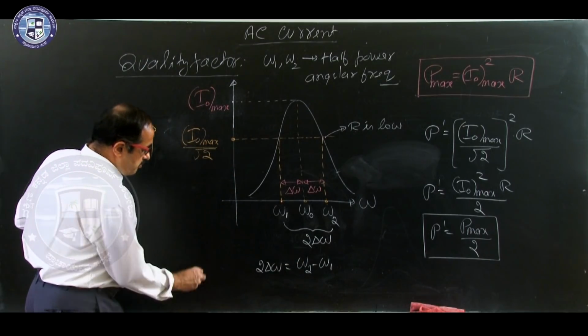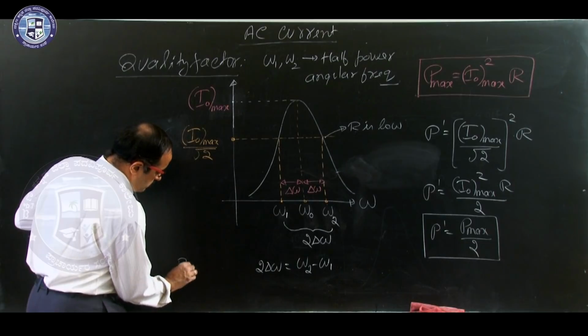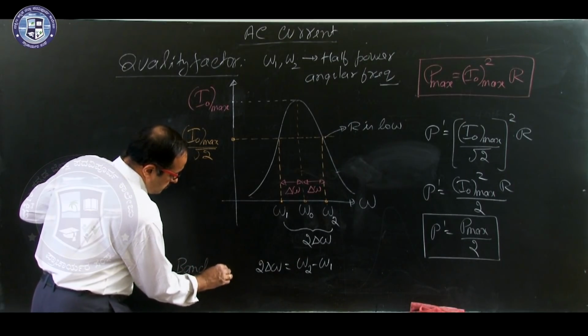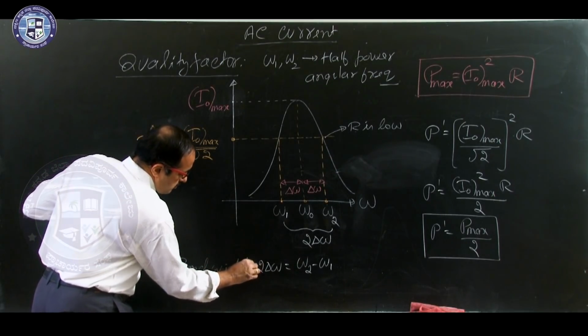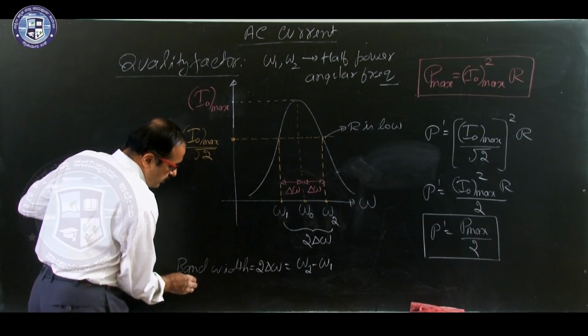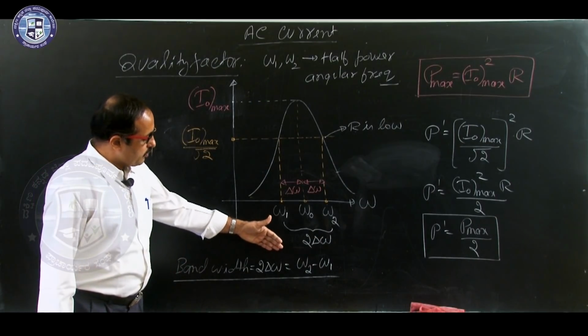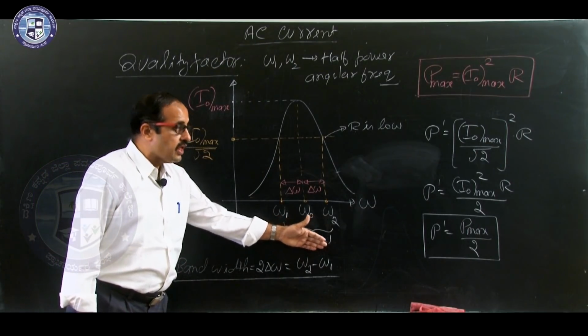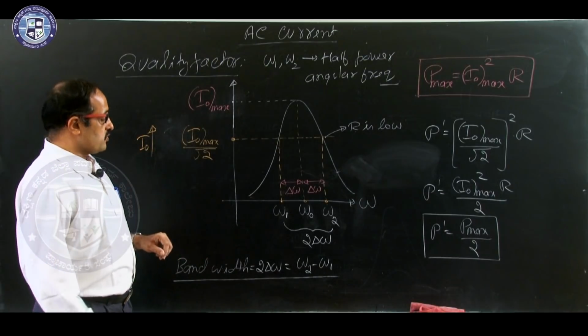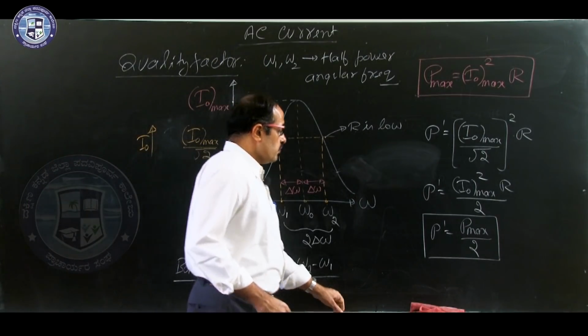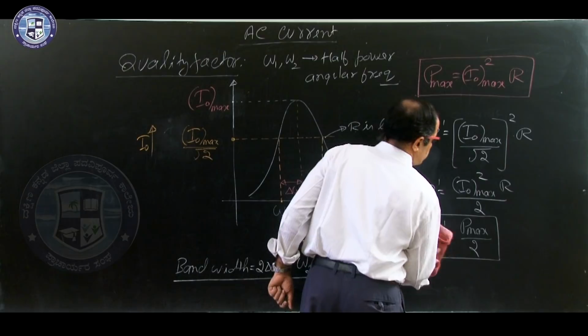And what is this? Bandwidth. Bandwidth of the LCR circuit is equal to 2 delta omega, which is equal to the difference in the half power angular frequencies.